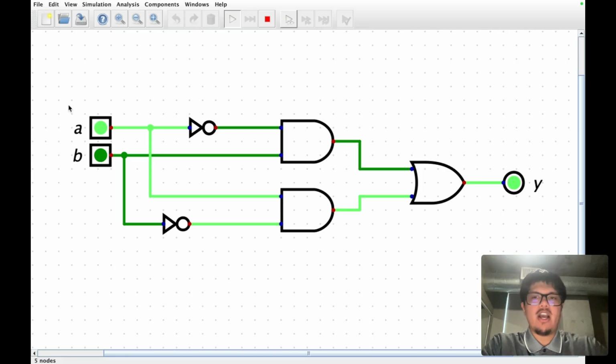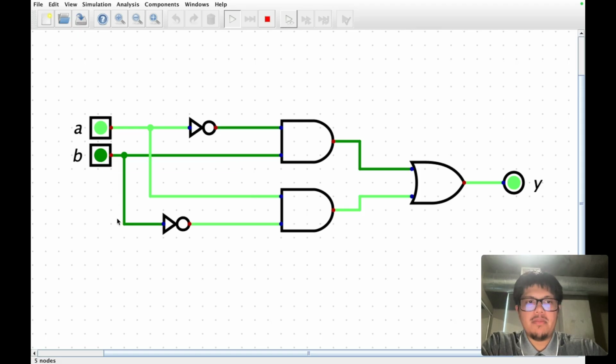If we have one of the inputs on like this, we can see that the A input goes through an inverter and turns into 0. If we see here, B input also goes into 0 in the AND gate. 0 and 0 in the AND gate would result into 0. And this A input goes down to this different AND gate as the value of 1.